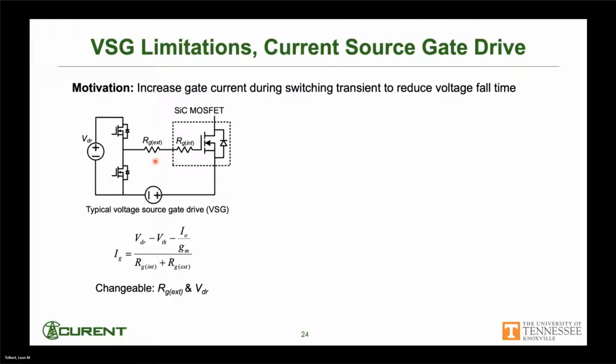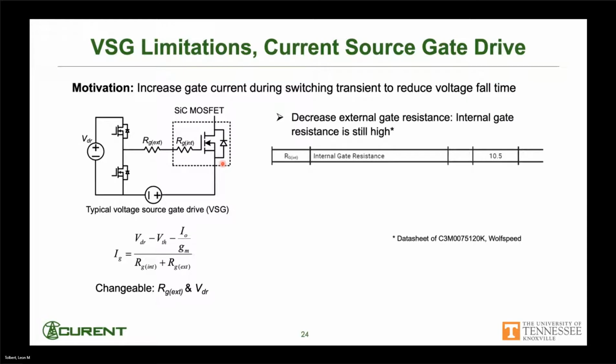And basically, the things that we have control over for a voltage source gate drive is this resistance, of course. Small resistance, we're going to typically switch faster. In some cases, could be too fast and lead to too high dV/dt. And so you put this in typically to slow things down a little bit. And this voltage, and that's going to influence how much current you can drive in it.